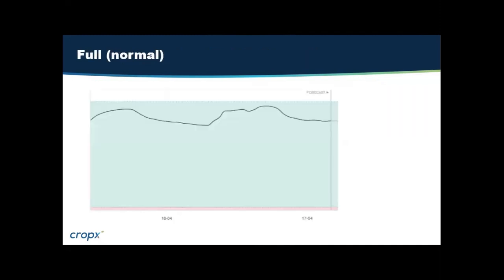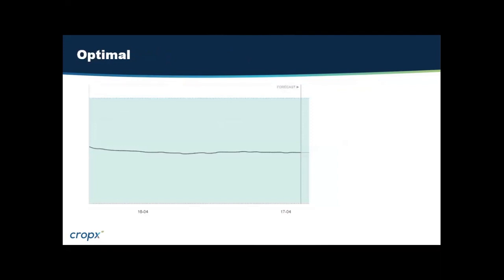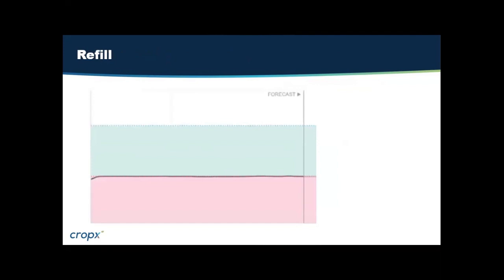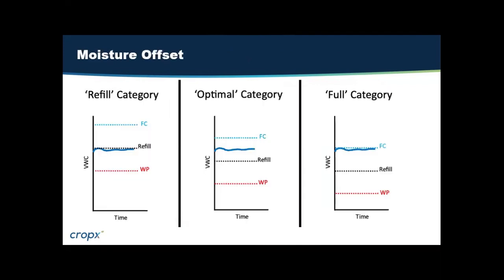Good question. So you selected optimal. Well, let me go back one. Think of this on an individual sensor level, right? You selected optimal, this middle one. If I get a wetting event that only goes to here, did I establish a new field capacity?